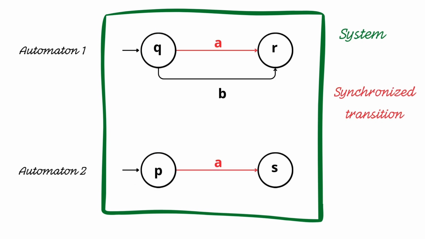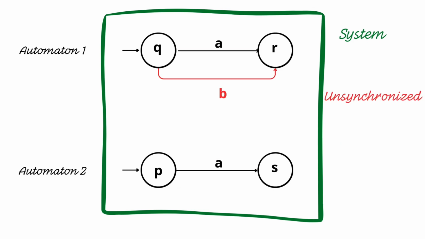First, synchronized transitions. If both automata share a common letter, they can take that transition simultaneously. For example, from the state QP, both automata can read the letter A at the same time. This brings the system from QP to RS.